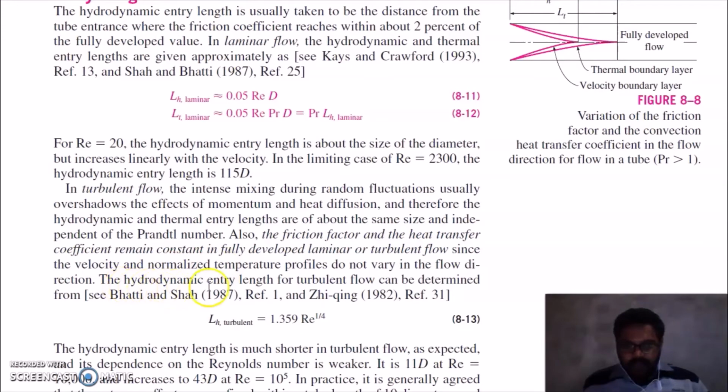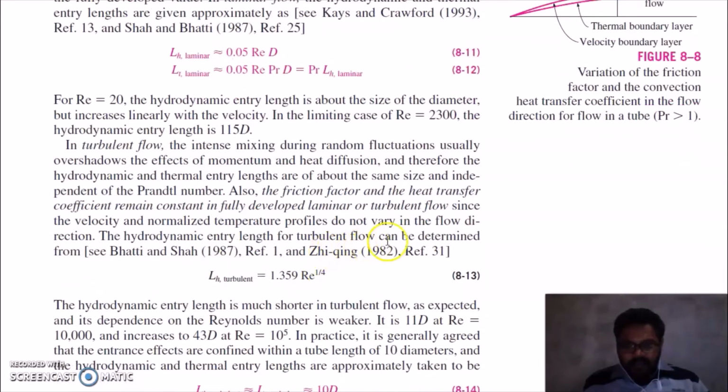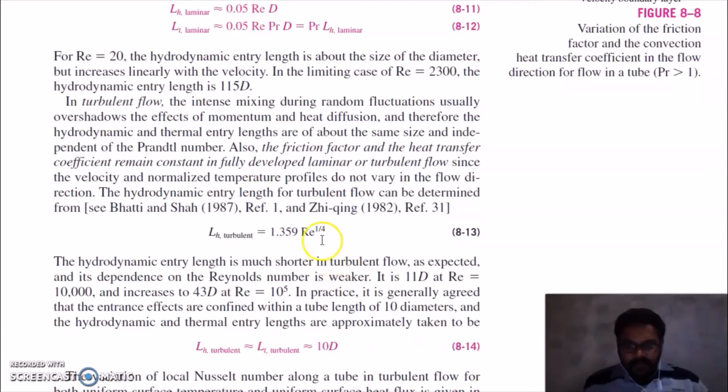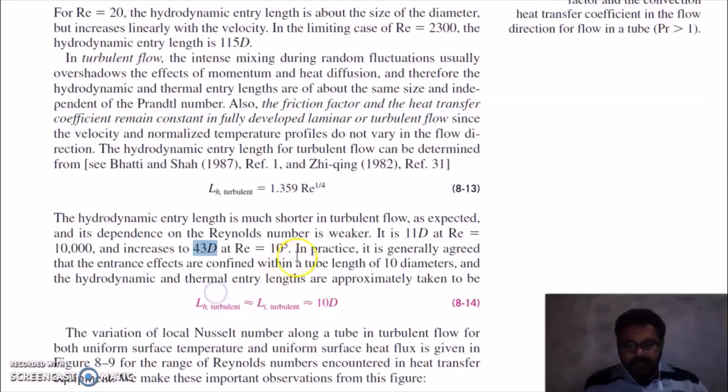So the hydrodynamic entry length for turbulent flow can be determined from this relation. You can see it is a very weak function of Reynolds number. If you put Reynolds number 10,000, it will come to 11D. If you put Reynolds number 10 raised to the power 5, it will come to 43D.